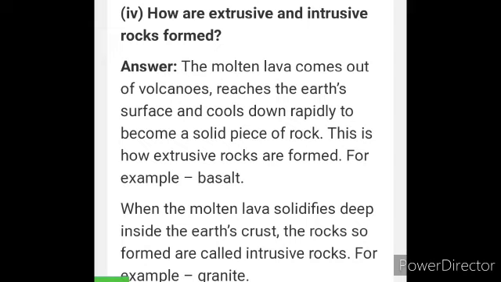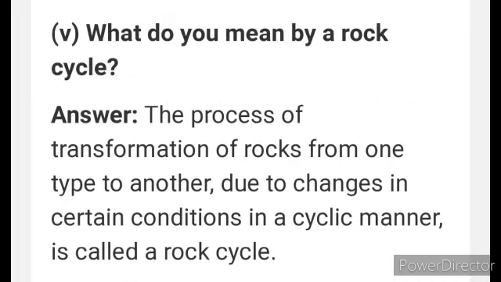Now, when the molten lava solidifies deep inside the earth's crust, the rocks so formed are called intrusive rocks. For example, granite. Another question is, what do you mean by a rock cycle? The process of transformation of rocks from one type to another due to changes in certain conditions in a cyclic manner is called a rock cycle.